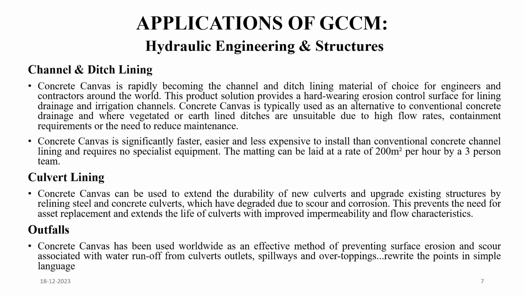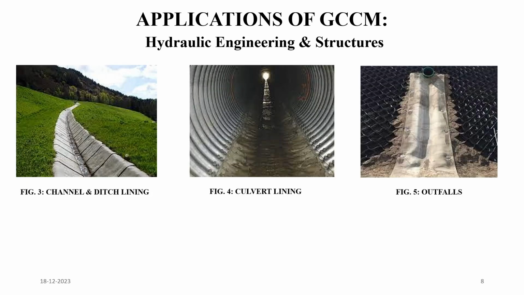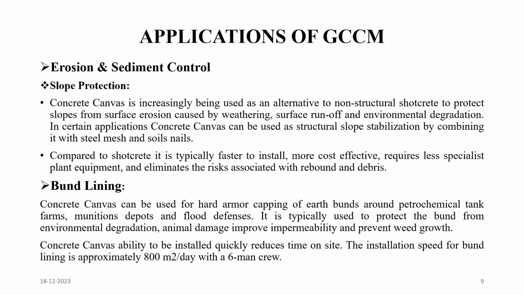Concrete canvas has been used worldwide as an effective method of preventing surface erosion and scour associated with water runoff from culvert outlets, spillways, and other overtoppings. These are a few visual representations of channel and ditch lining, culvert lining, and outfalls.